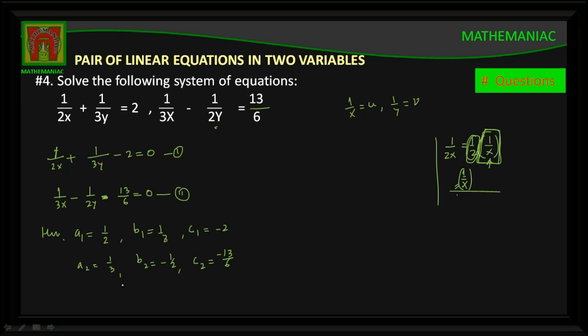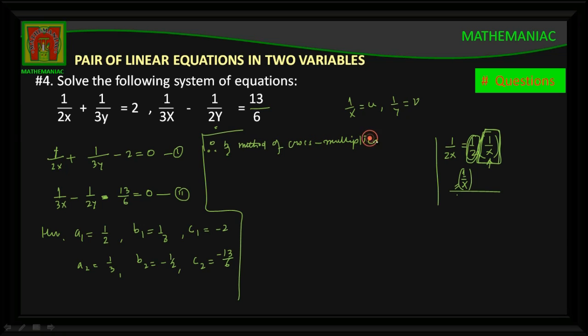So again I would like to tell you, here you do not write that, because you did not reduce it to a linear equation in two variables. So after that you write, therefore, by the method of cross multiplication.